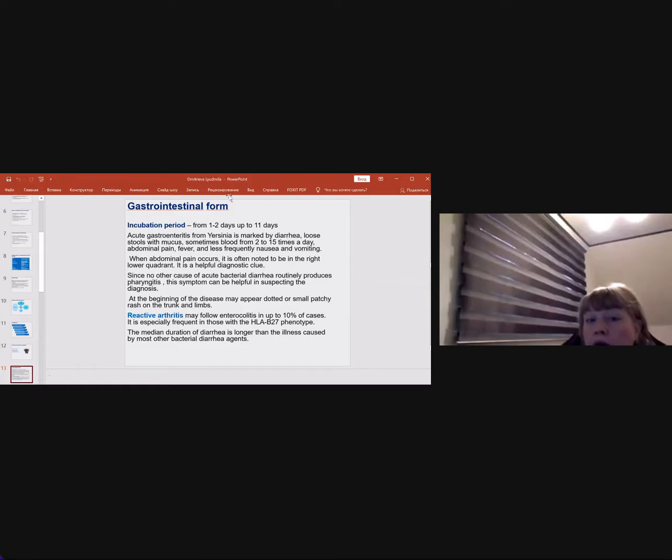Since no other cause of acute bacterial diarrhea routinely produces pharyngitis, this symptom can be helpful in suspecting the diagnosis. Doctors, the patients with Yersiniosis may have pharyngitis, but you know that pharyngitis is absent in the patients with food poisoning diseases, with shigellosis, with salmonellosis.